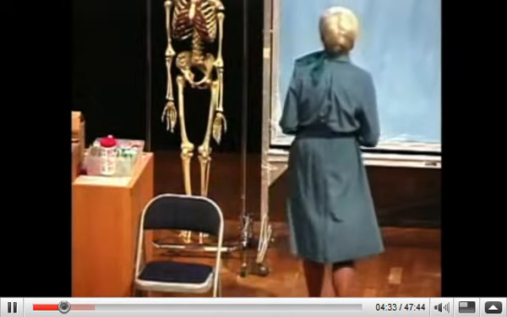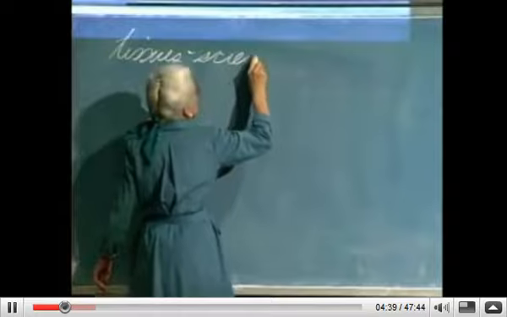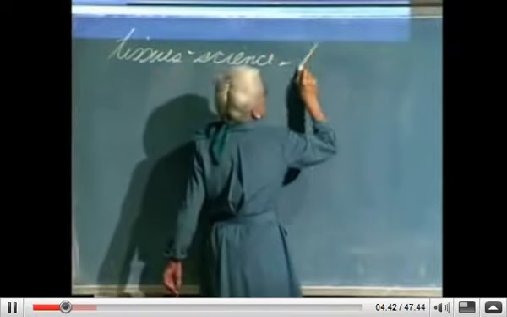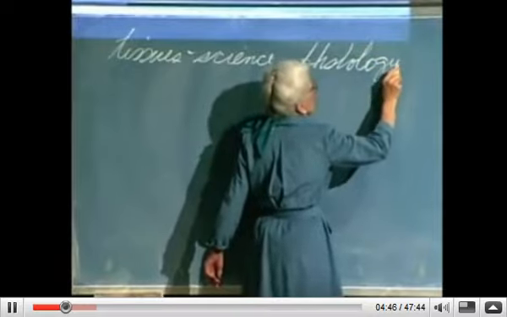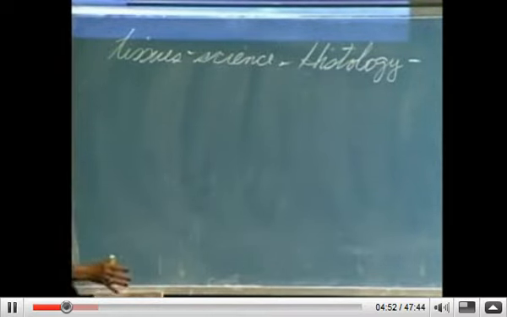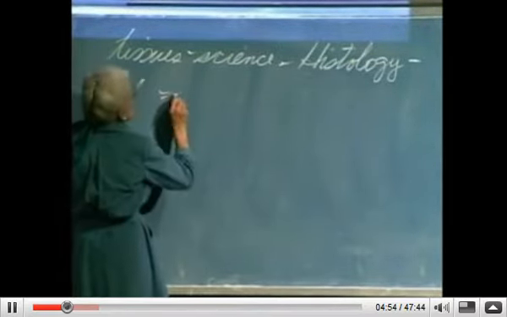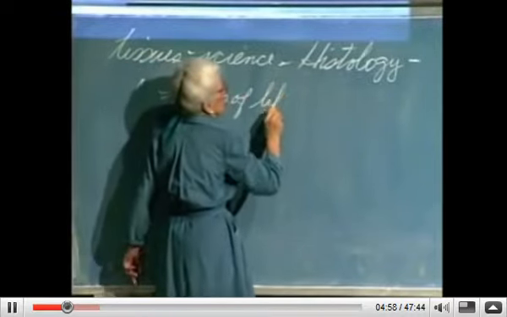So let's look at tissues. And you said the science of tissues is called histology. So what's a tissue? It's a mass of like cells. A tissue equals a mass of like cells.